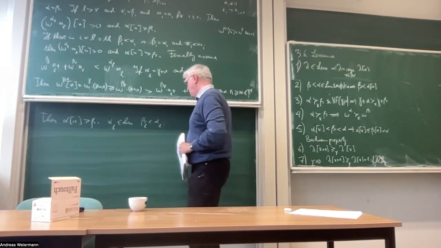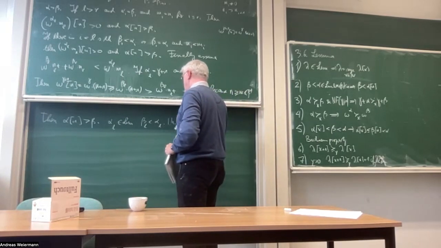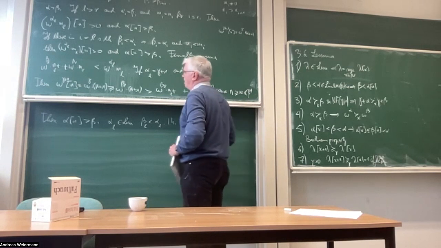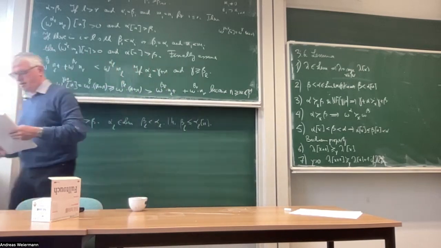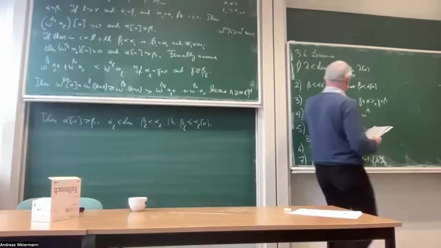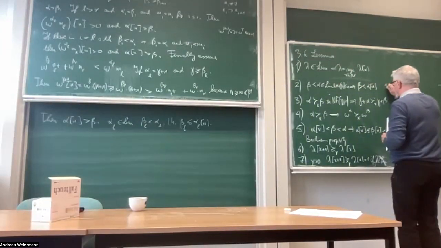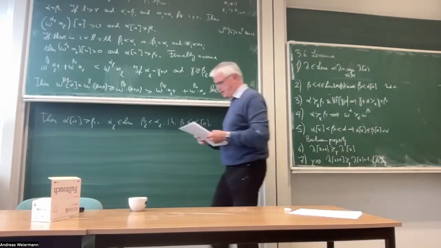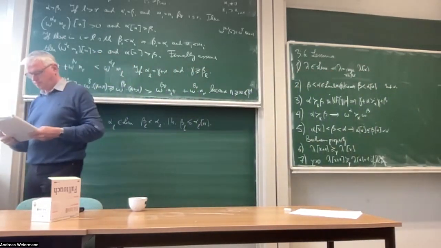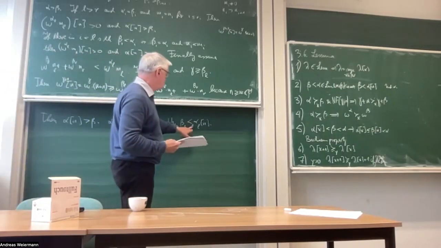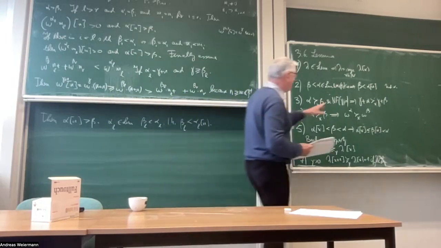Alpha L is the limit. The induction hypothesis shows beta L will be bounded by alpha L at n, so we prove this one by induction on alpha. Here we have applied the induction hypothesis. And actually we have a strict inequality, right? First it's strict.